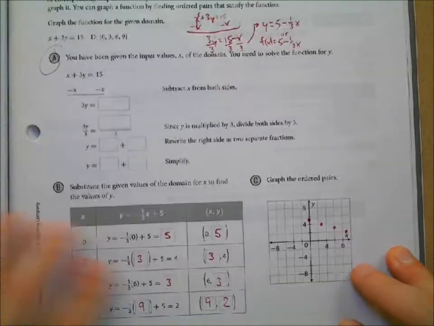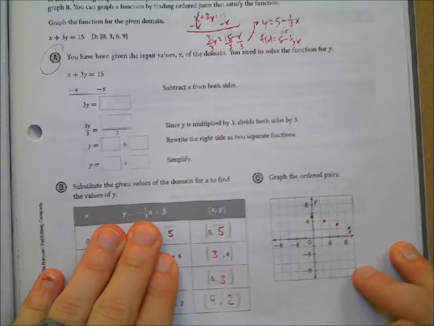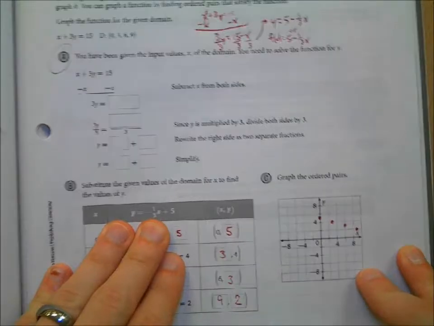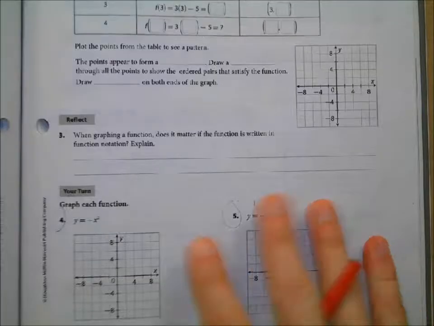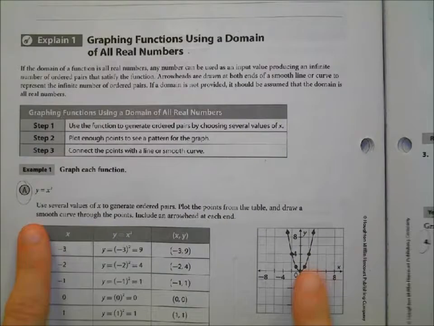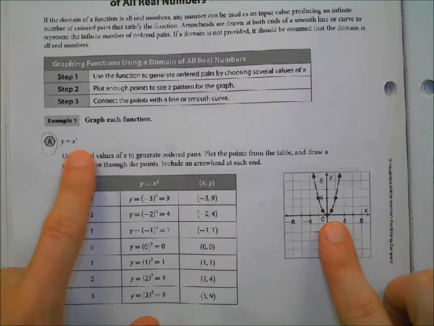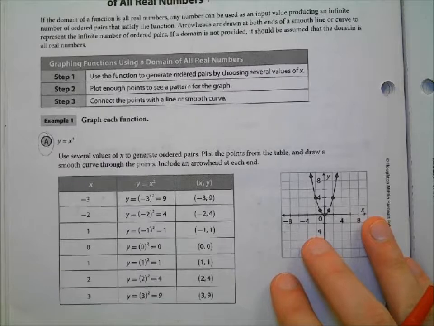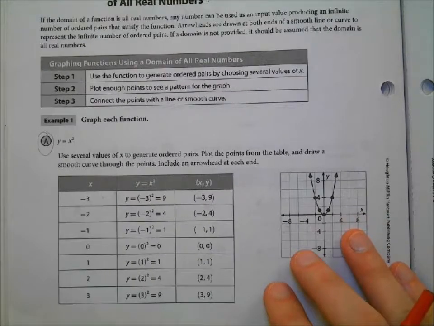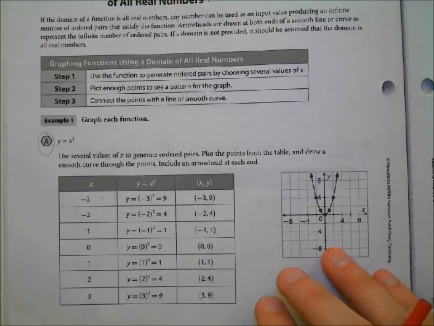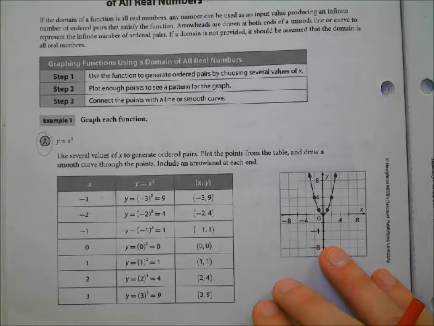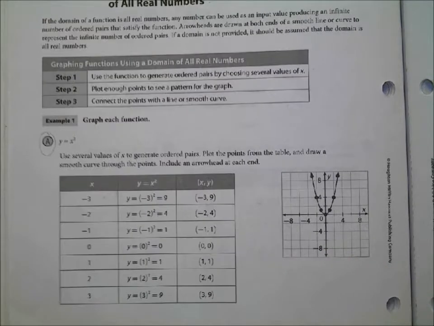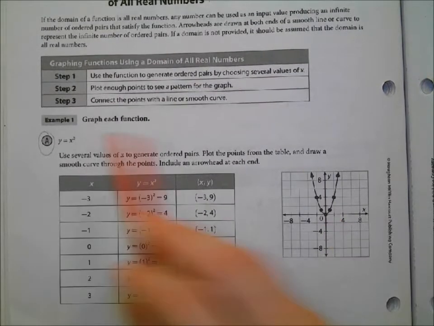So this would be an example of a linear function. This is an example of a quadratic function because you have x squared. I'm not sure why quadratic is used to describe something being squared because quad normally means 4, right? But in this case, quadratic means you have an x squared in there somewhere.